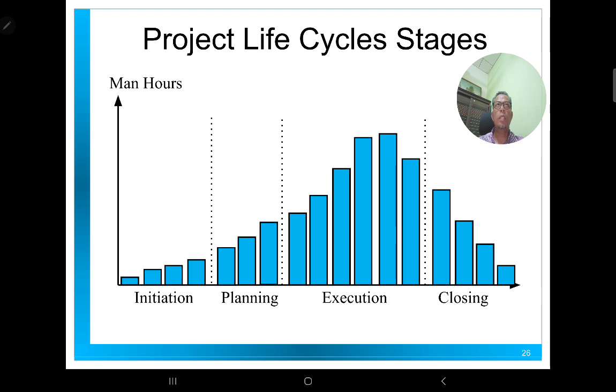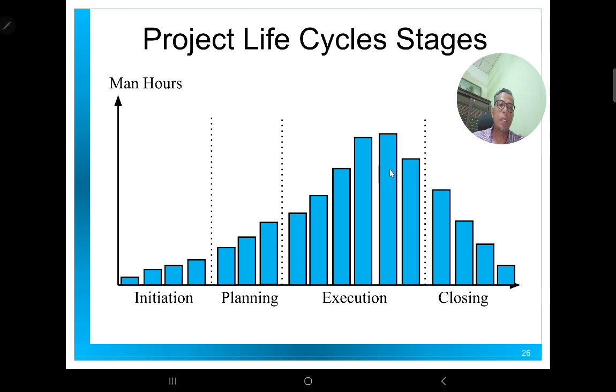Okay, since you have successfully completed the initiation and planning, when you go to the execution stage, it involves more man hours, more people, more time for the project to be executed. So you can see from the graph, it's constantly increasing, up to the maximum level. During the execution, you will need all the resources that you can get to make sure that you can achieve the goals set by the project.